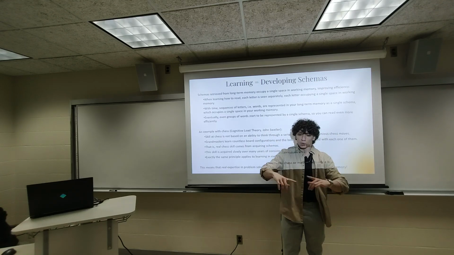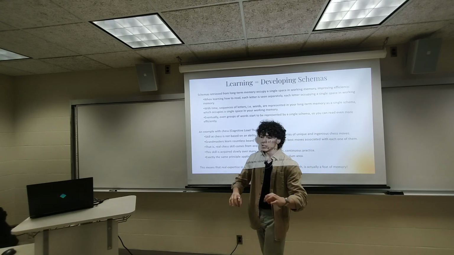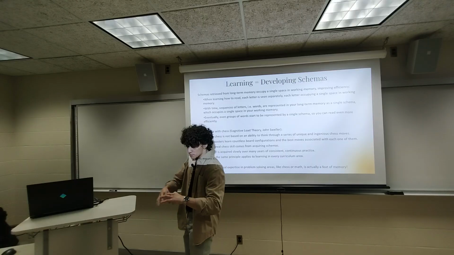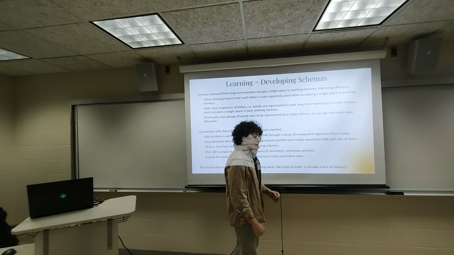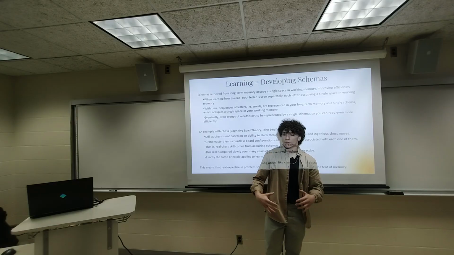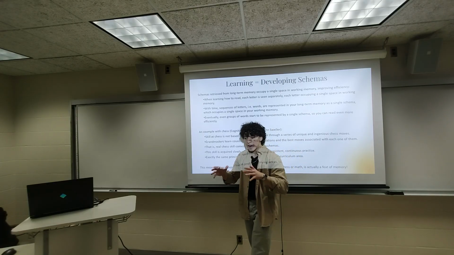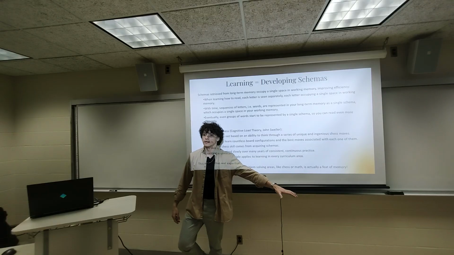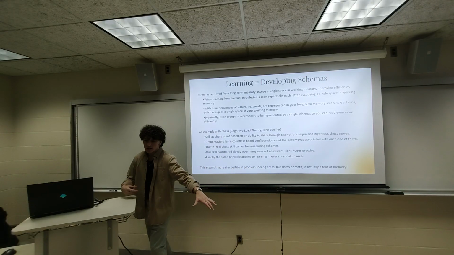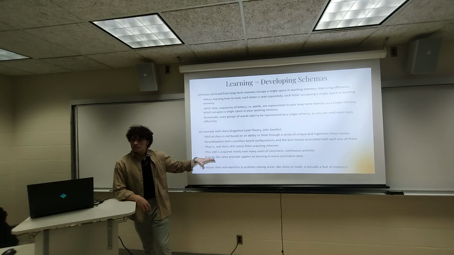But if you give a random configuration of chess pieces that would not appear in an actual game, their memory of the configuration is as bad as a newbie's. And the reason is because it's not in their schema.